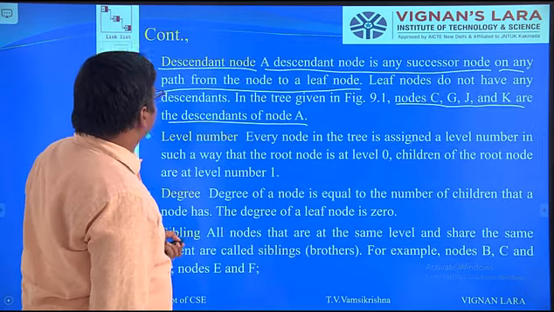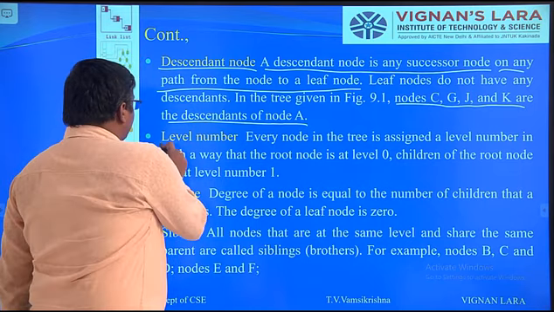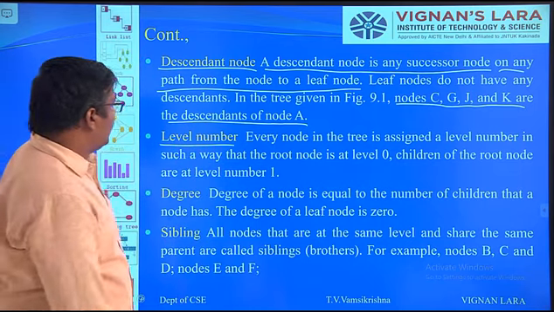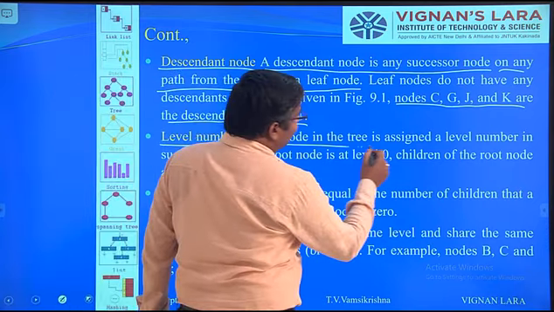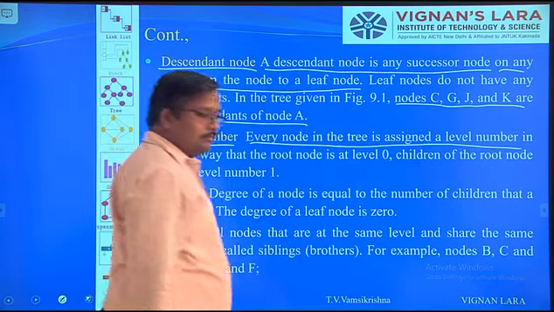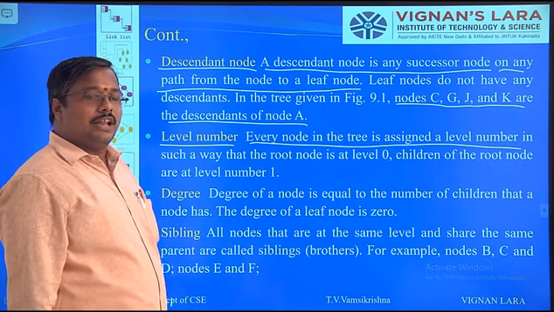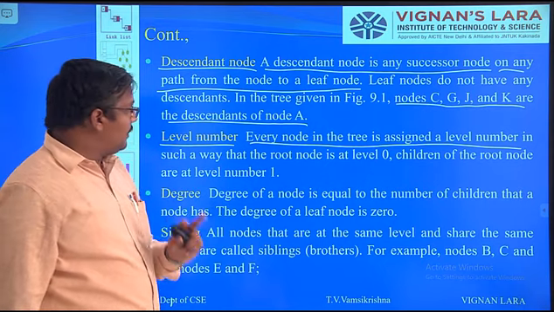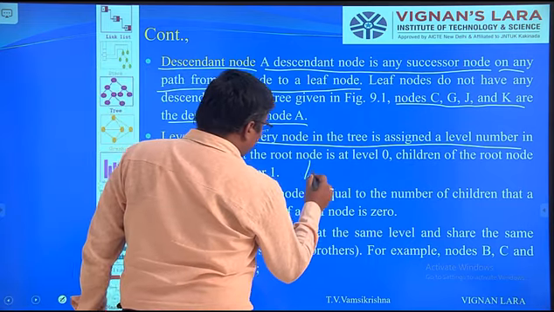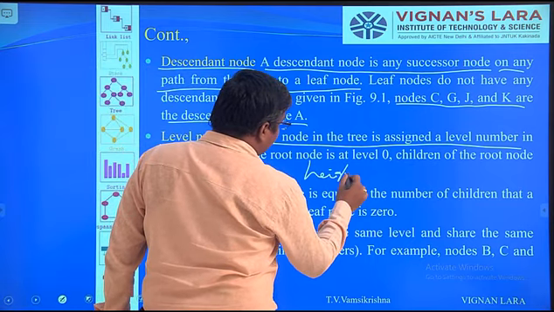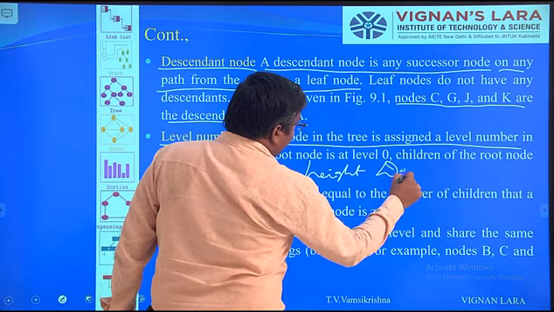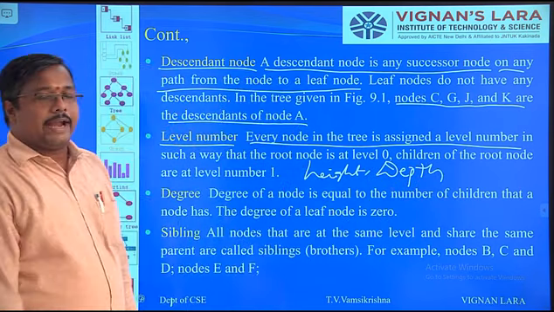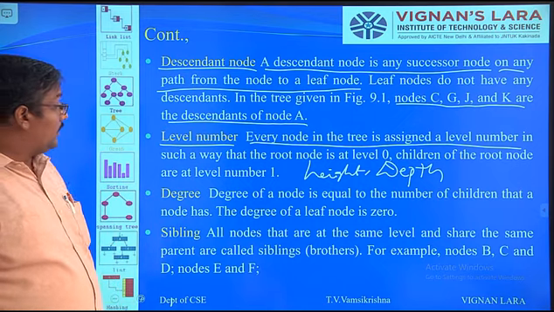Okay. Next, level number. Every node in the tree is assigned a level number. Based on that, we define two parameters. One parameter is the height of the tree and another parameter is the depth of the tree.